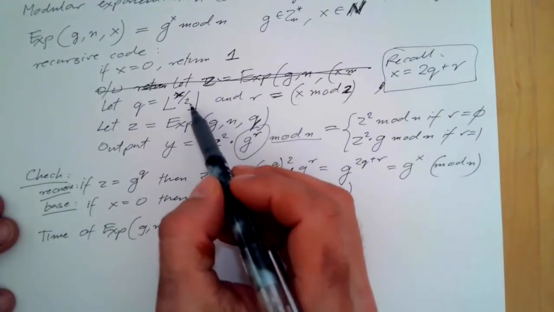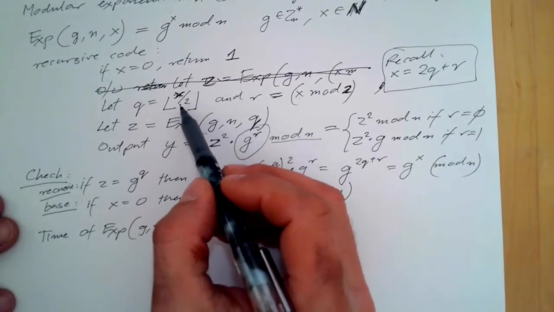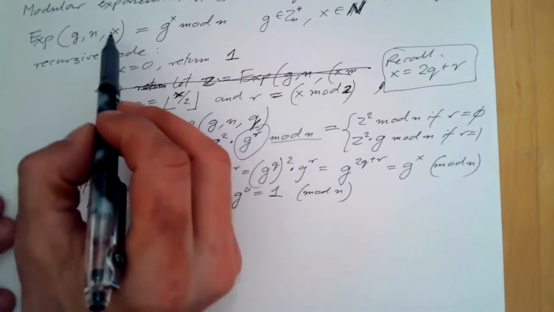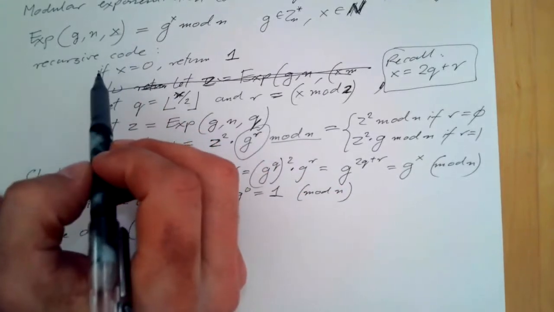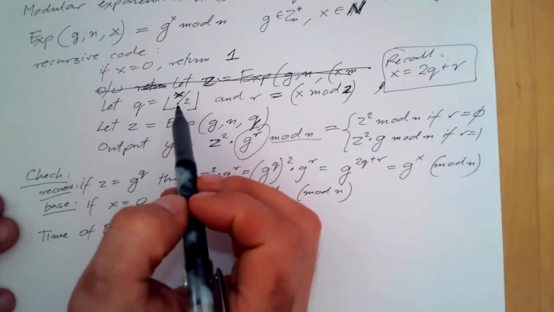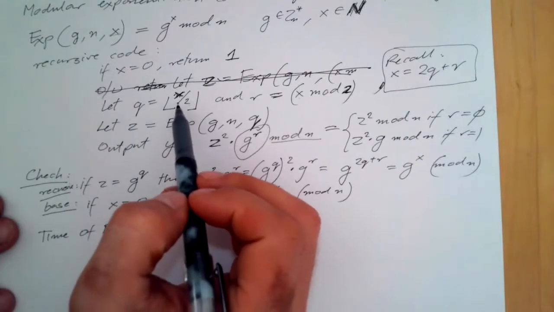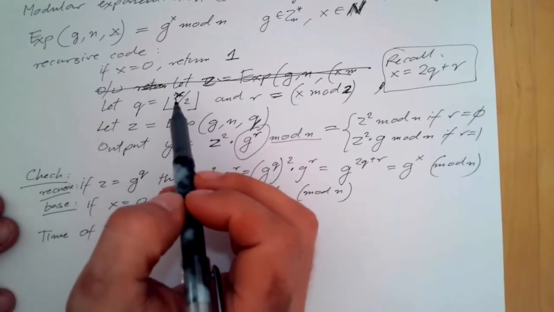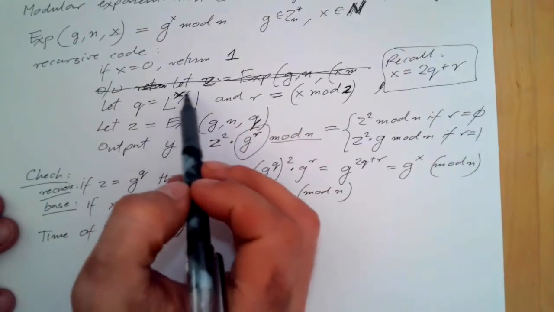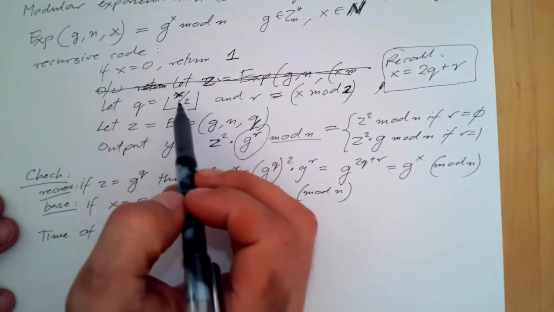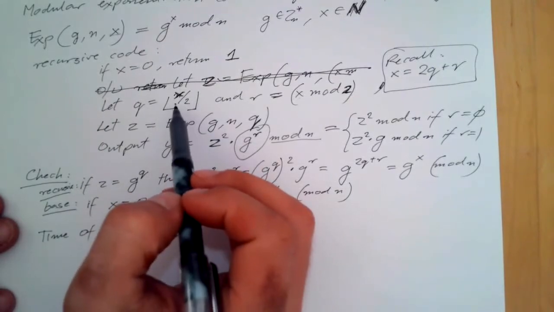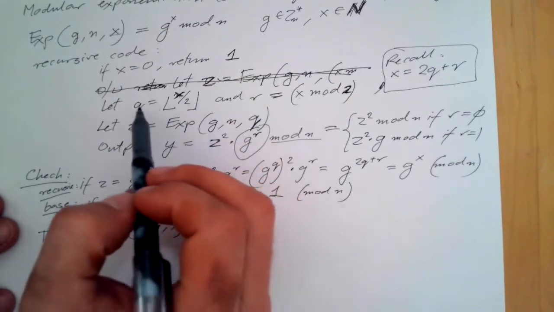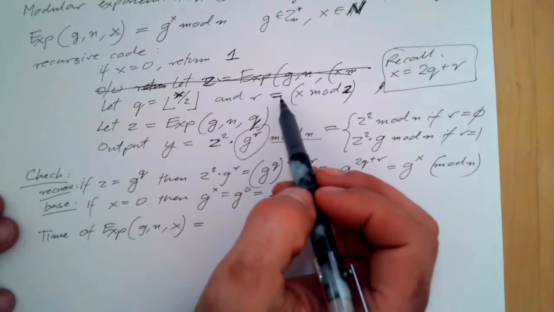The floor just means that you shift the bits. Think of X in binary: it's the same bits, but with the least significant bit kicked out. So these operations take essentially no time.